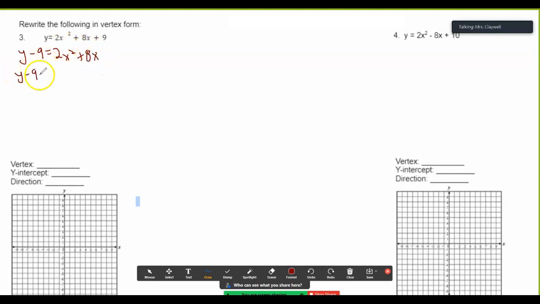My a is not equal to 1, so I'm going to factor it out. b over 2 squared equals 4. So on the right side, I'm really adding 8. I'm adding my 2 times 4.